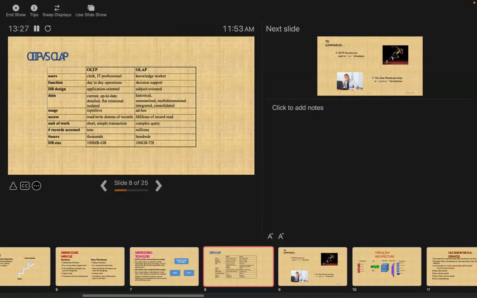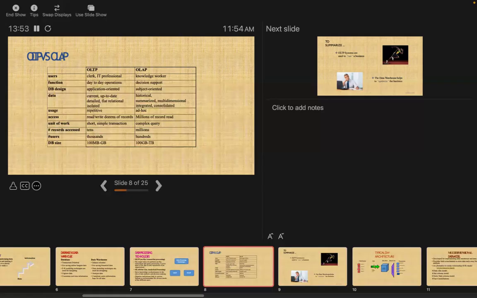Similarly, function. OLTP, I told you, is a kind of query processing only, so it is a day-to-day operation, right? But in case of OLAP, we do that only for decision-making purposes. So this is decision support, right? And database design for OLTP is application-oriented.